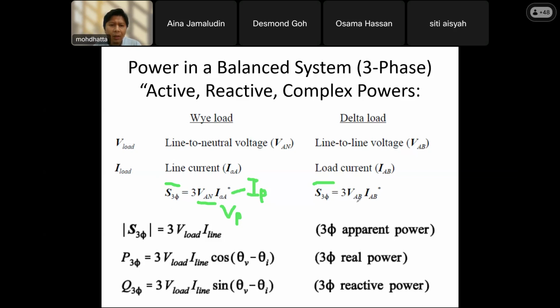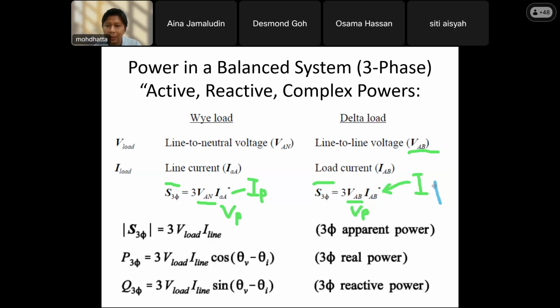And for delta connection, you see here it's the line-to-line voltage measured over here. However, you must remember that line voltage is the same as phase voltage for delta connection. So here we can say that this also is a phase value, V phase, and of course we are using the current flowing through each phase. So this should be I_AB, the phase current.